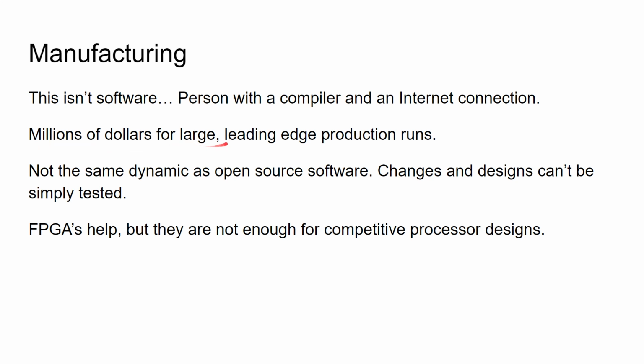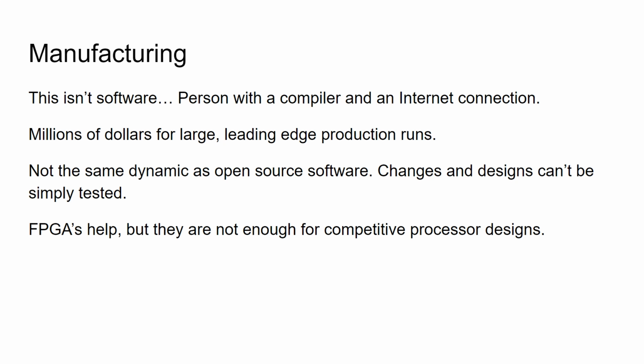Hardware, you need millions of dollars if you want to start producing chips, at 7 nanometers, even at 14 nanometers. Now, there are ways of getting chips made relatively cheaply, and we'll talk more about that in a minute, but for microcontrollers or very small chips. If you want to do something like what Intel do or what ARM do or what Samsung are making, you're going to need a lot of money to start making those chips.